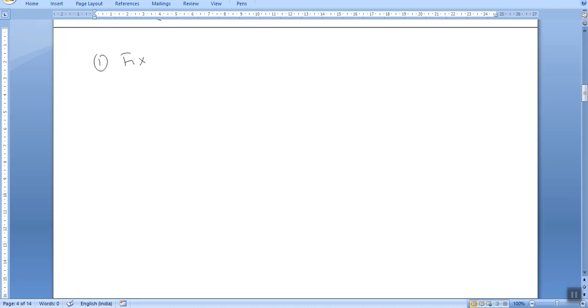What is fix? The fix function. So fix of x. For example, fix of 12.2. Now what is the fix? Fix of 12.2: the nearest integer towards 0 is 12. Here is 0, here 12.2, so the nearest integer towards 0 is 12.